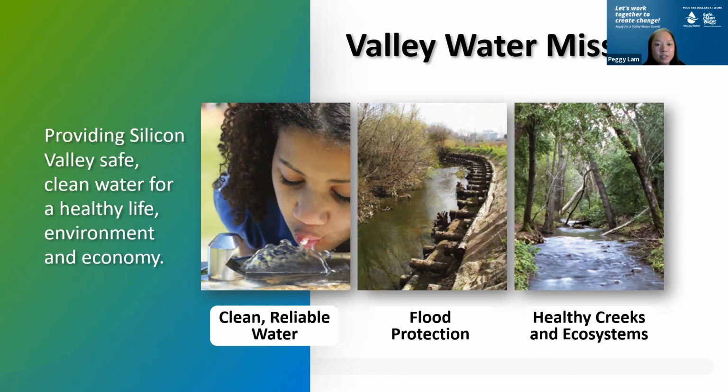Valley Water's missions shown here are for clean, reliable water, flood protection, and healthy creeks and ecosystems. And so each of our funding opportunities are based on these 3 pillars.